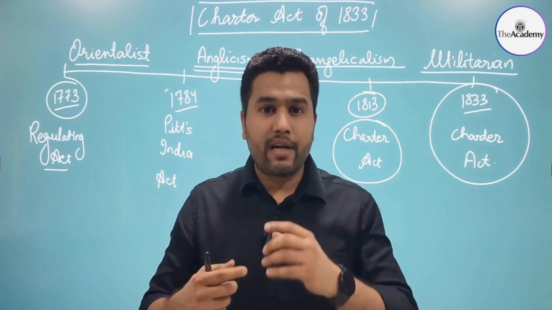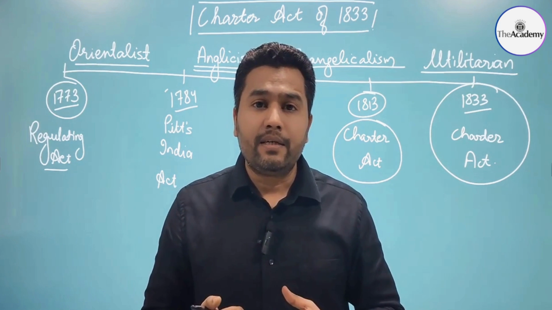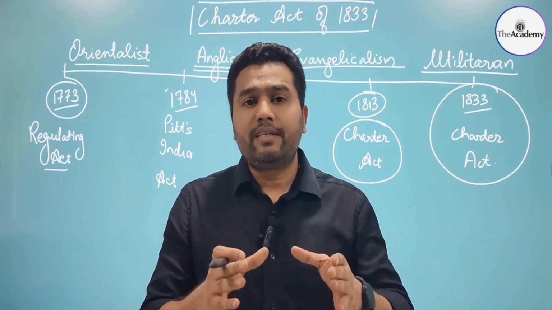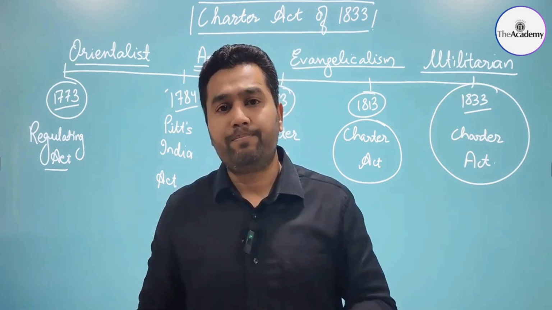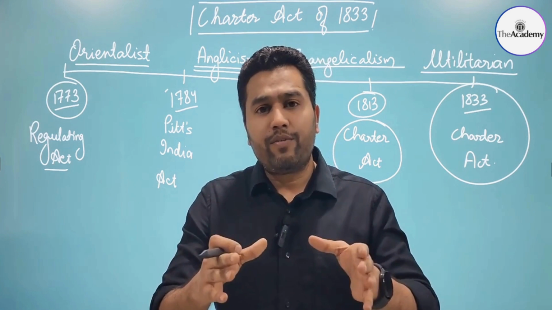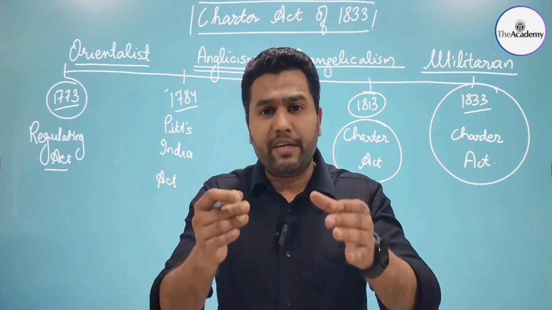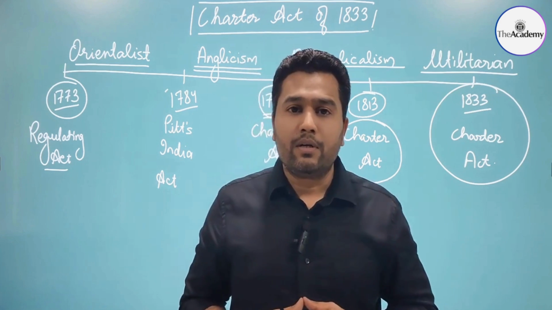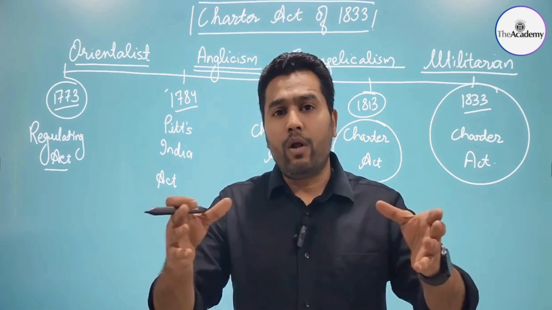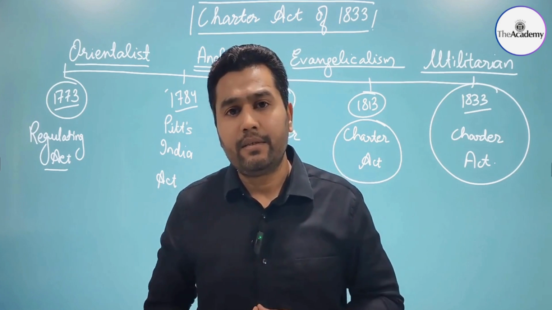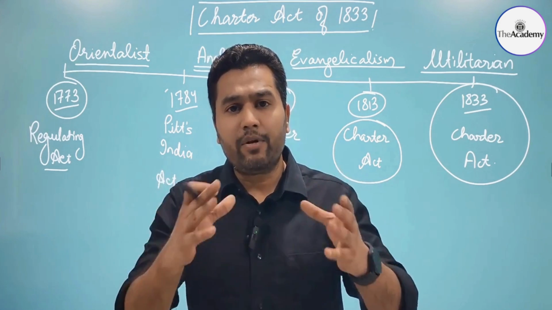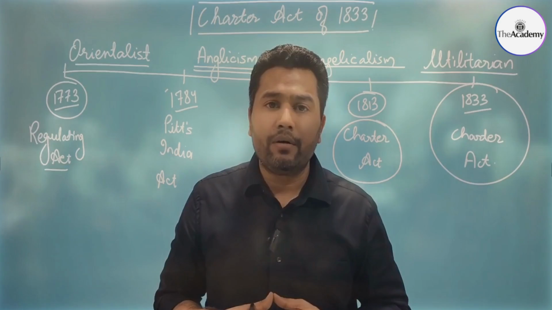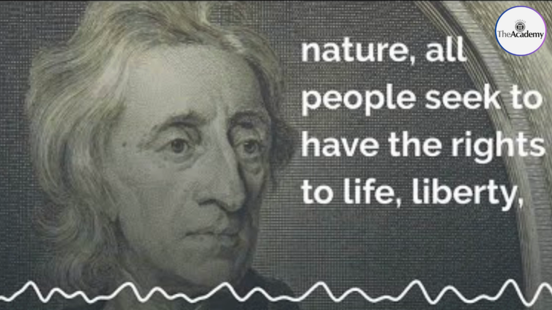So utilitarianism claimed that the ultimate objective of the government should be to secure the greatest happiness of the greatest number. So every aspect of life was to be calculated quantitatively via utilitarian calculus. Utilitarianism believed in equality of humankind. It believed in liberal principles. It believed in the right to life, liberty, and property.